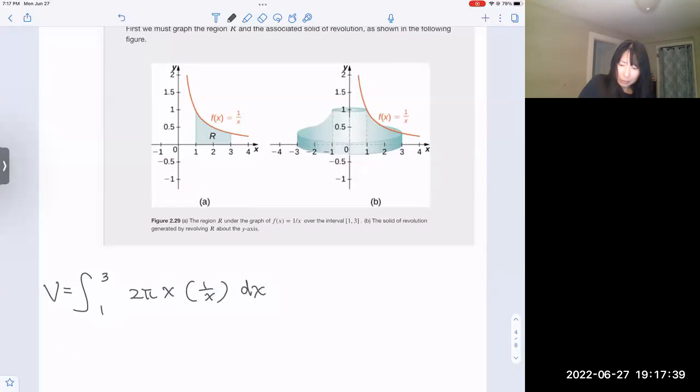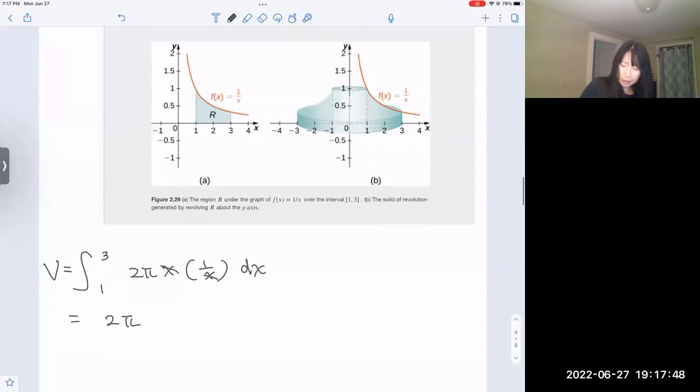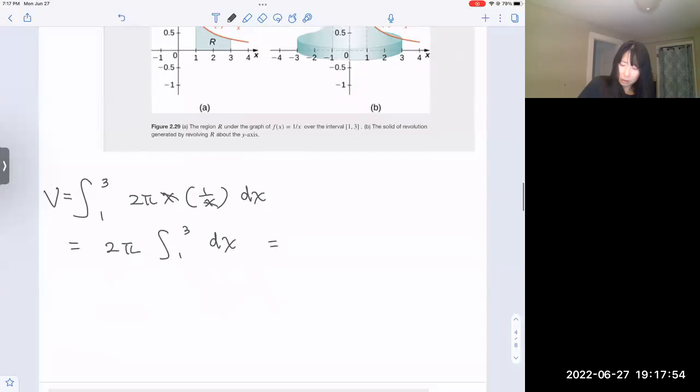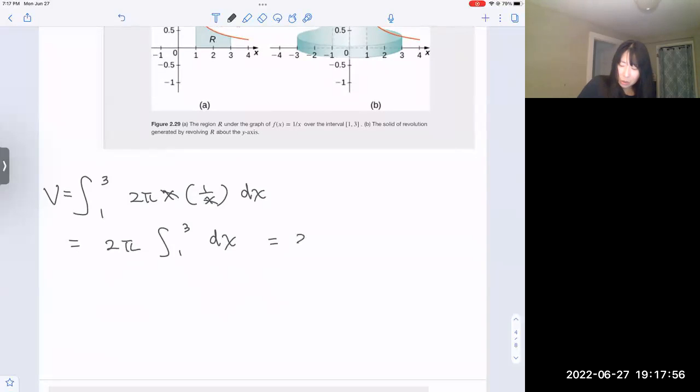So we have 2 pi and simplify. Then what do you get? From 1 to 3, we have dx, it's just x, so x alone. So 2 pi times x squared over 2 from 1 to 3.